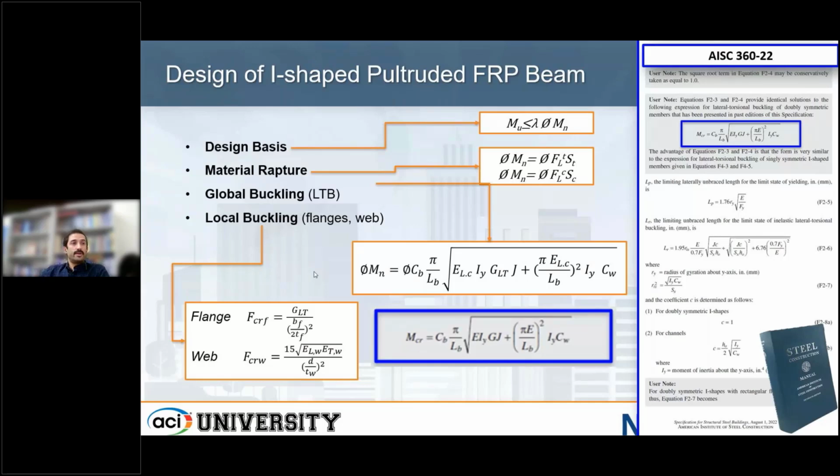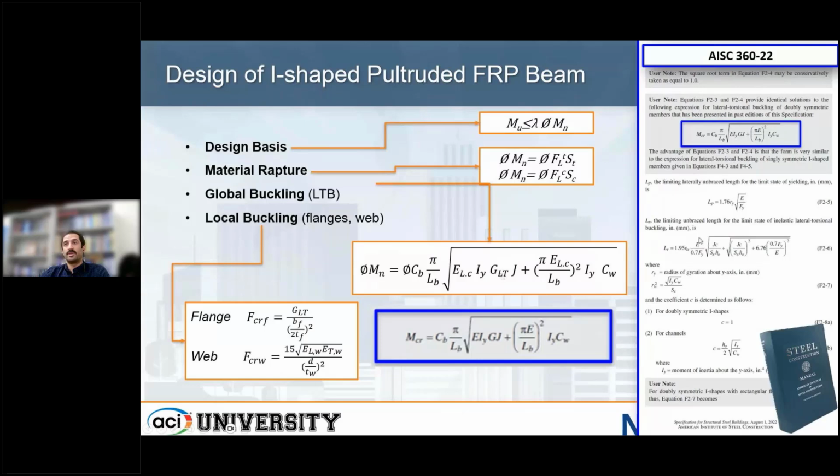Before handing the podium over to David and wrapping up my section, I'd like to emphasize the simplicity of designing FRP pultruded structures. Global buckling in FRP might be complex, but as you can see, we have the same equation as in steel structures.